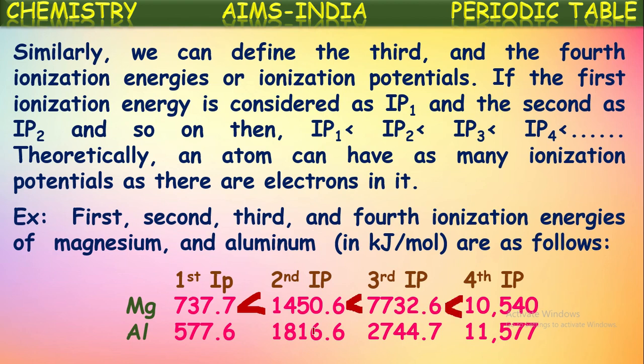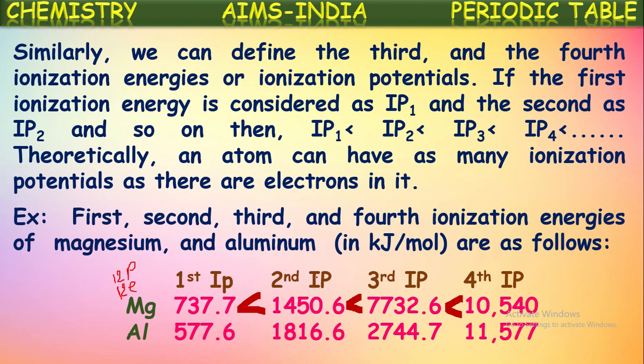In this way, ionization potentials gradually increase. The reason is, in the neutral state, magnesium has 12 electrons and 12 protons because its atomic number is 12. Negative charge and positive charge are both equal.